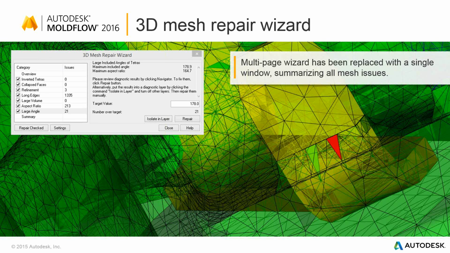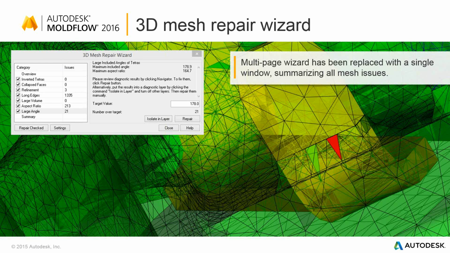So we've completely redesigned this mesh repair wizard, and have on the top level now a good overview of where the problems are, and we allow you to just go down to the specific components and try to fix those individually. So there's a good correlation between the items you're fixing on an individual basis and the impact it has over the overall mesh quality.